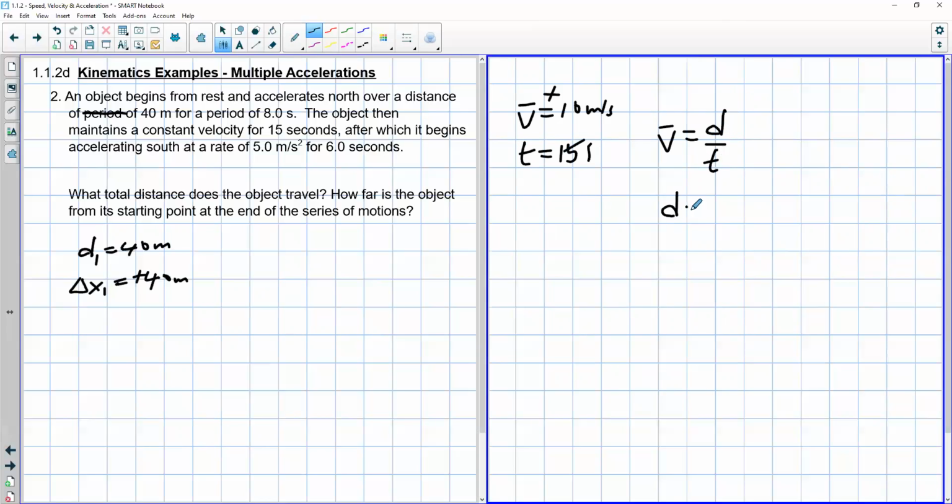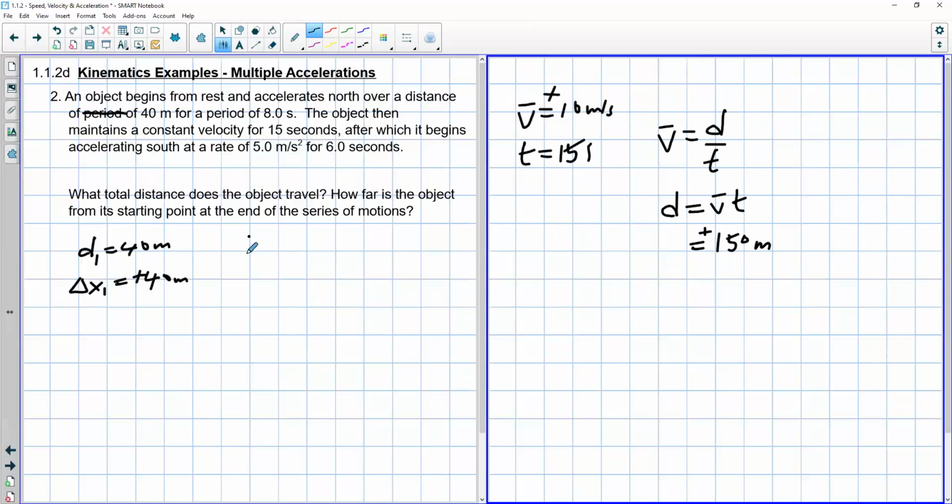So we're going to multiply the velocity and the time, and that means we're going to go 150 meters in the positive direction. Notice we never change directions, we're just maintaining a constant velocity.